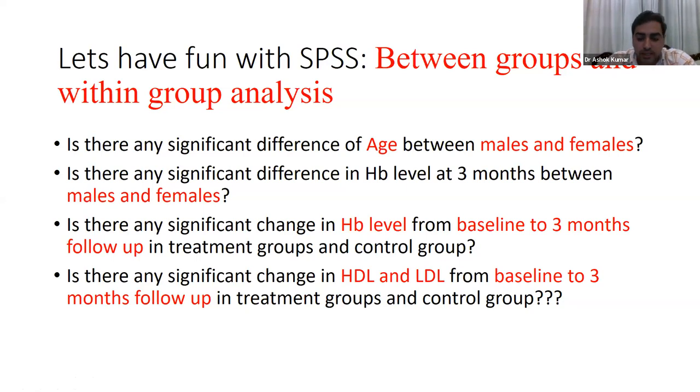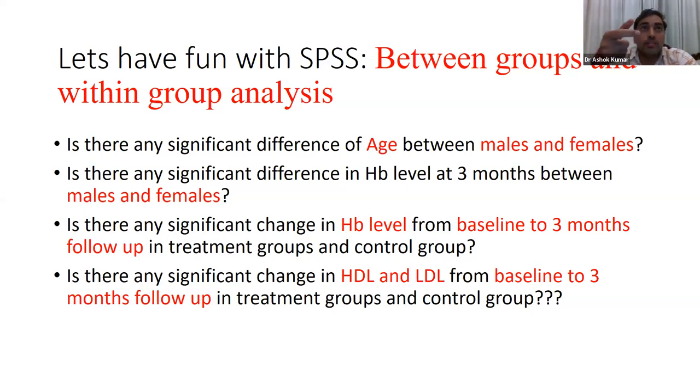So we have to remember what we mean by between groups and within groups. Within groups means baseline versus 1 month follow-up versus 3 month follow-up versus 6 month follow-up, and between groups means difference between case or control, intervention and experiment, male and female.